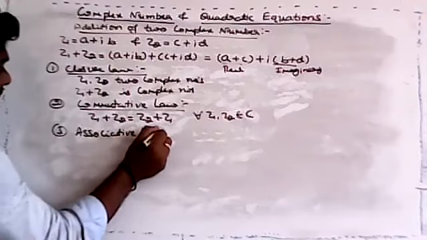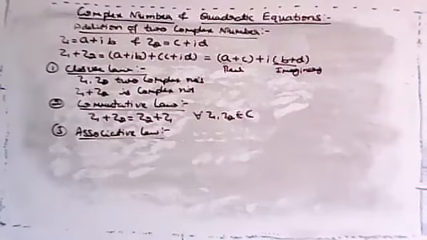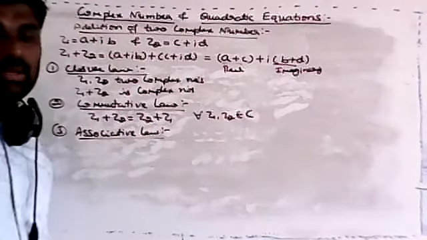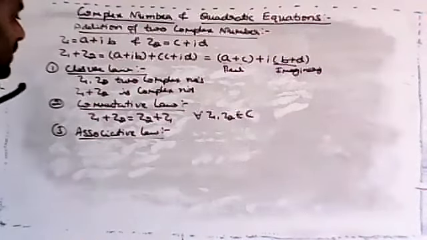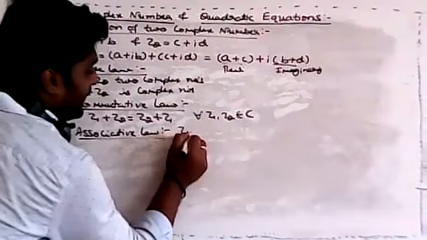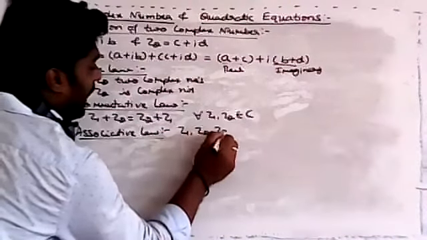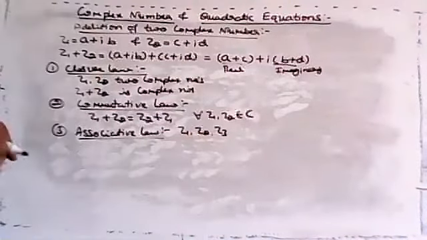What is the associative law? Here we have to consider three complex numbers, Z1, Z2 and Z3. Then how do we write that?